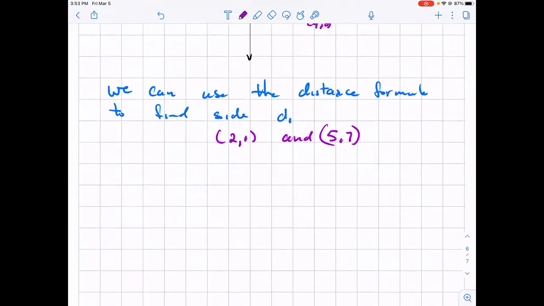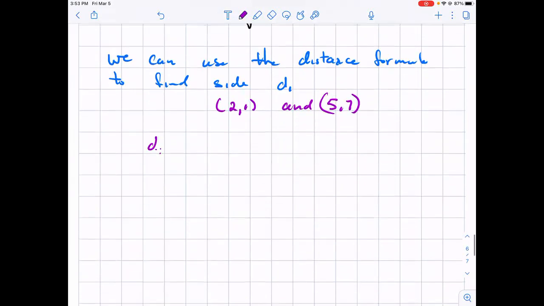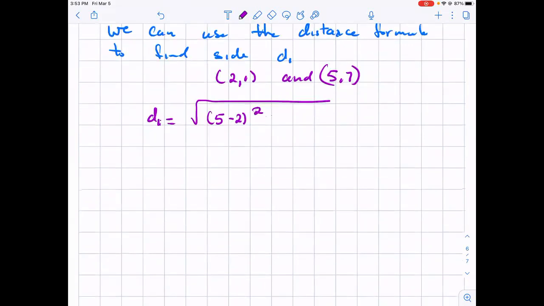So if we use the distance formula, D1 is equal to the square root of 5 minus 2 squared plus 7 minus 1 squared.